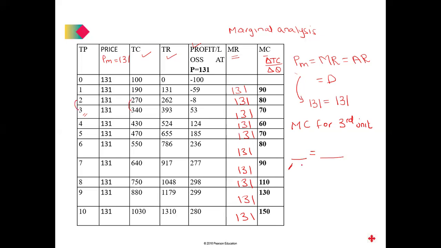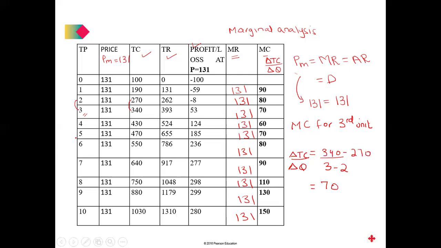The change in quantity will be 3 minus 2, and the change in total cost will be 340 minus 270. My answer will be 70. So the marginal cost for the third unit is going to be 70.